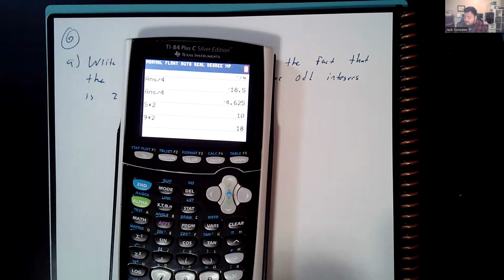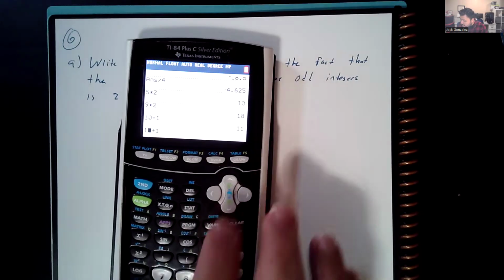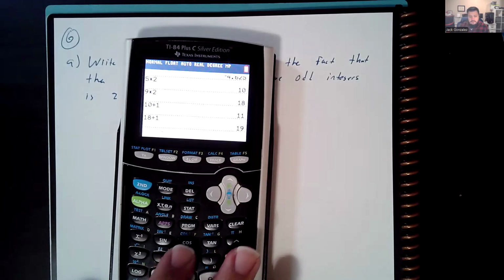So 2 times any number will always be even. But if I add 1 to any of these numbers, it goes back to odd. If I add 1 to the 18, it's odd again.